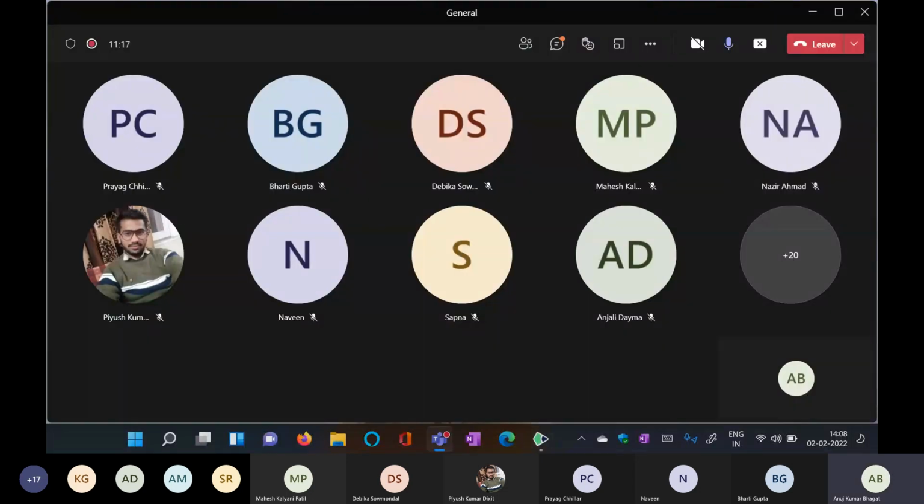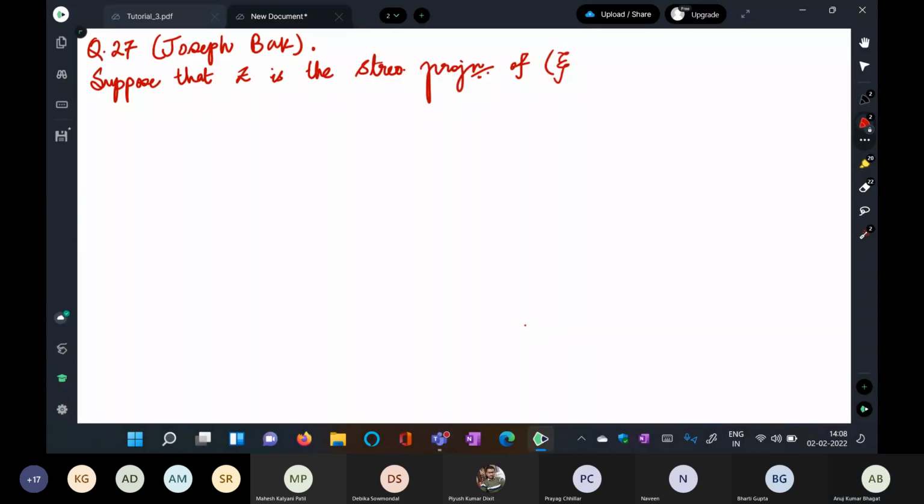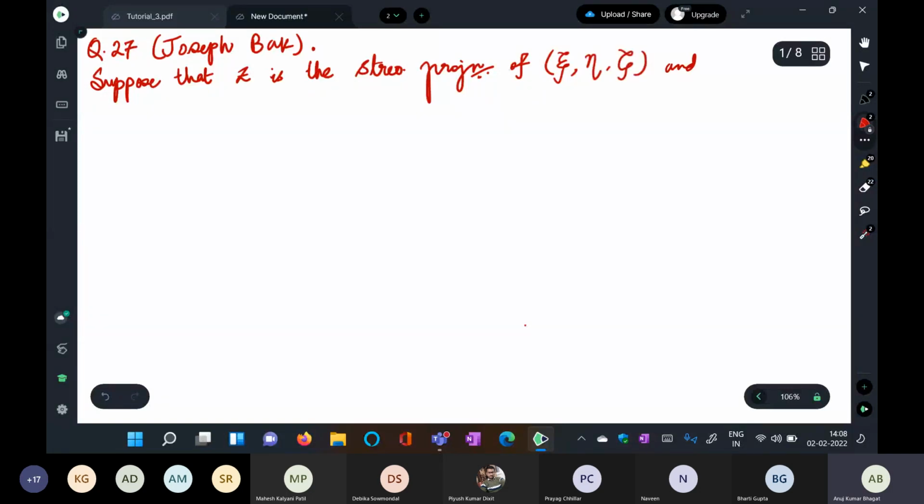Just check now whether it is clear or not clear. Okay, let me write something. Zeta, eta, and xi, and 1 by z. Is it okay now? Yes, sir, it's okay now.